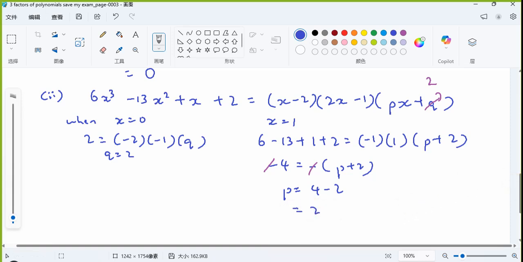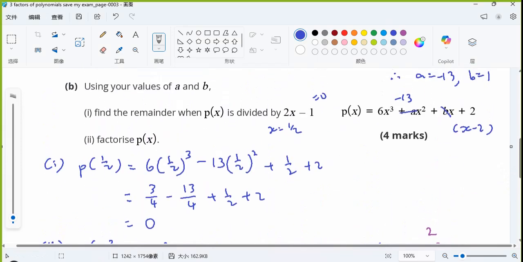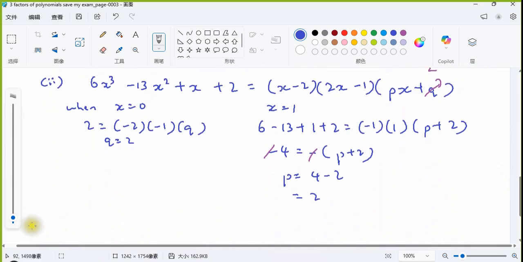Okay, so they want us to factorize this. Therefore, we will have, I made a mistake here. So this one should be 2 divided by 2, 1. Okay, so this is 1, not 2 here.